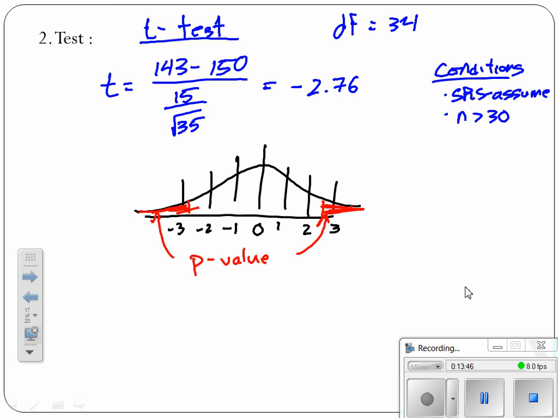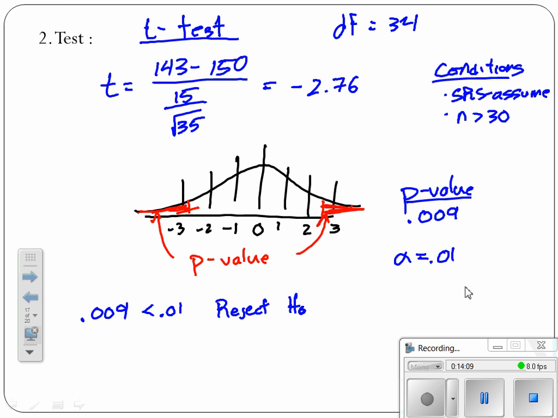The calculator, luckily, kicks that value out for us very nicely. Our p-value here is 0.009. Well, if you'll recall, we were told to compare to an alpha level of 0.01. So right away we can see 0.009 is slightly less than 0.01, which would lead us to reject the null.